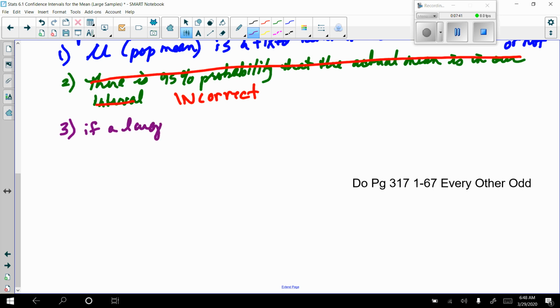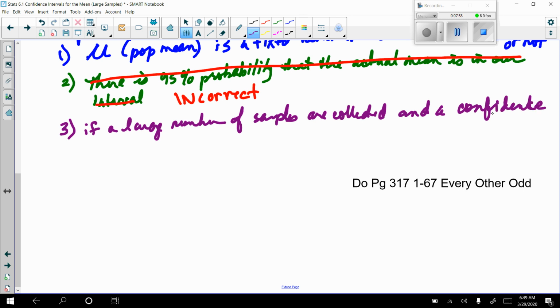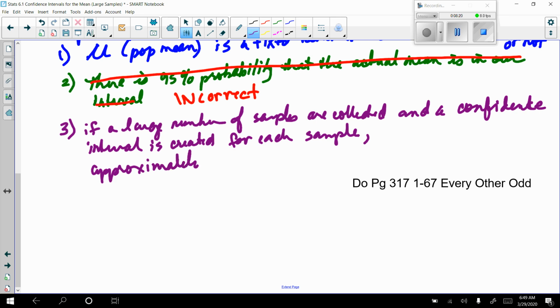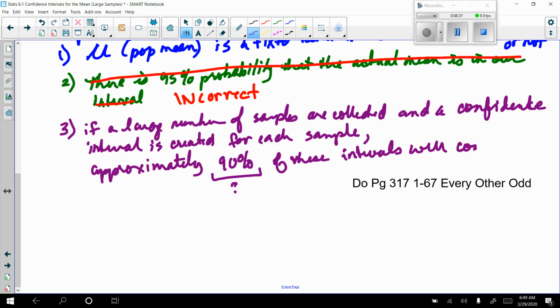If a large number of samples are collected and a confidence interval is created for each sample, approximately 90%, or whatever confidence level that we have, of these intervals will contain the population mean.